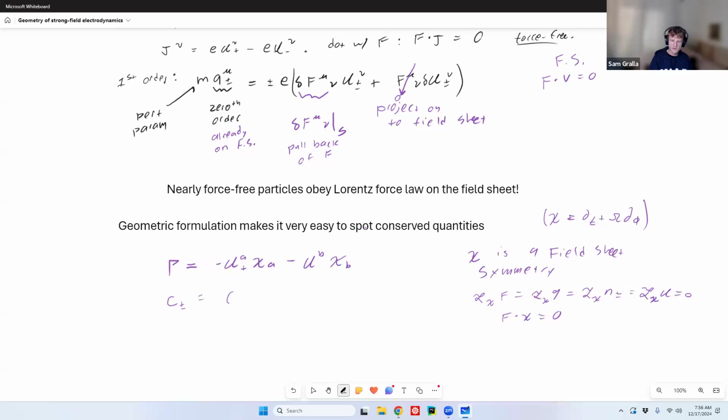It's the field sheet volume element on the field sheet. And it gets dotted into something I'm calling capital J and chi B. Capital J is a cool thing I was hoping to tell you about. I've also never seen anyone write this out explicitly.